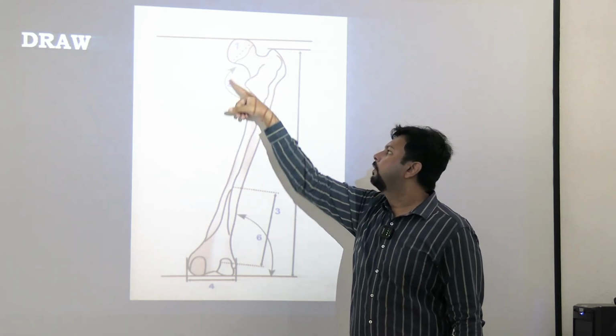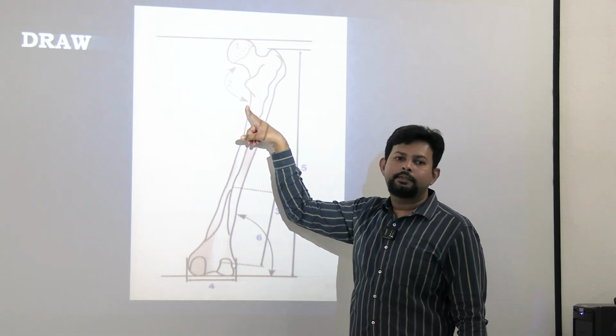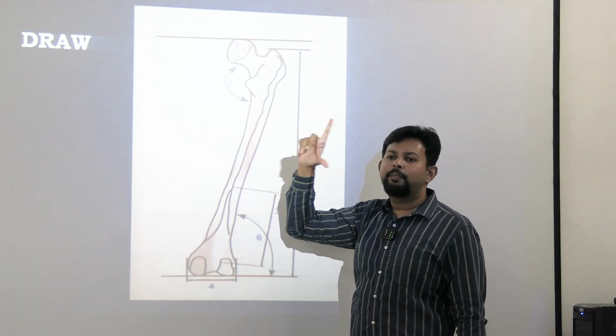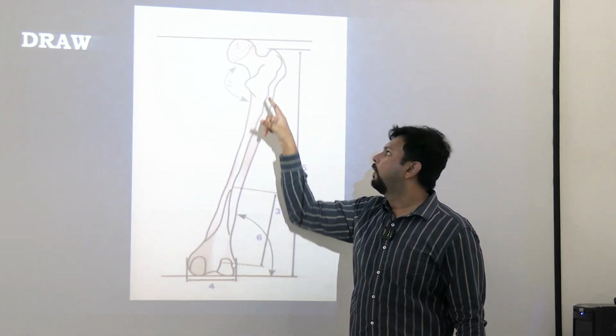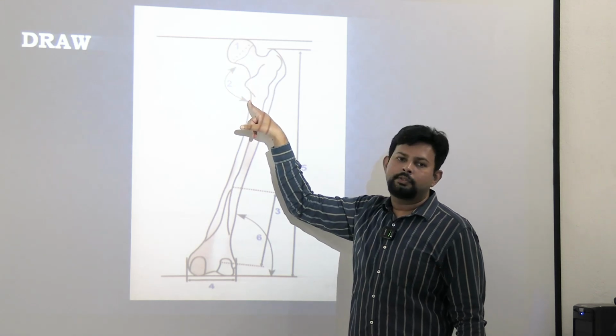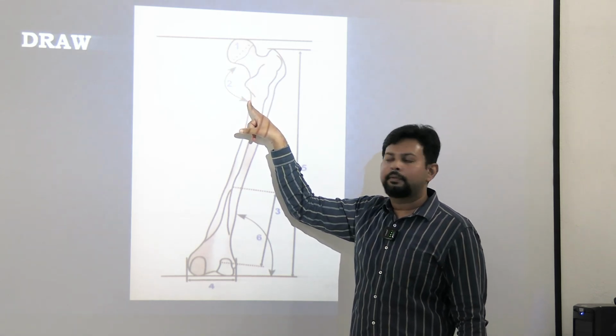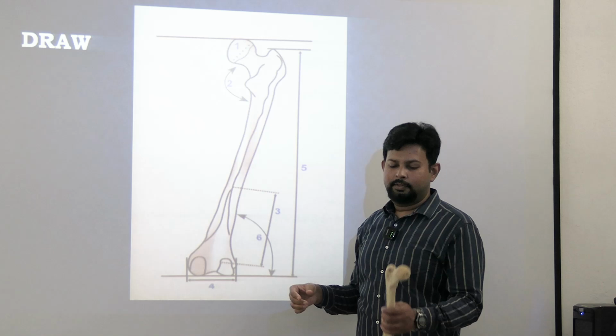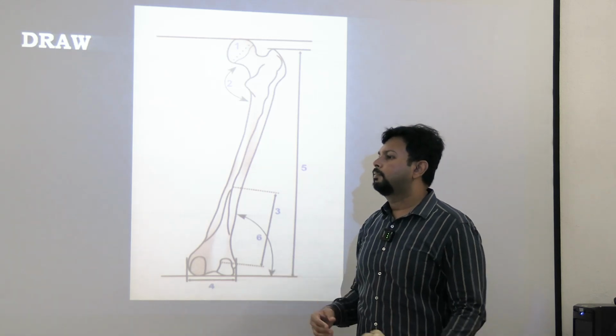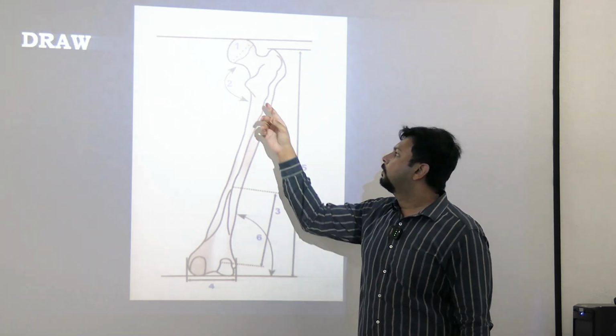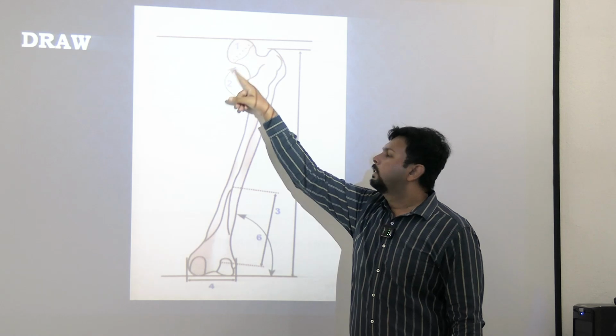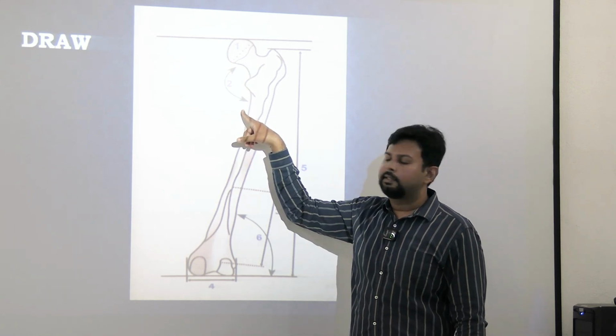This will be obtuse, means the angle will be more in males, whereas it will be acute in females. So this angle is very important.